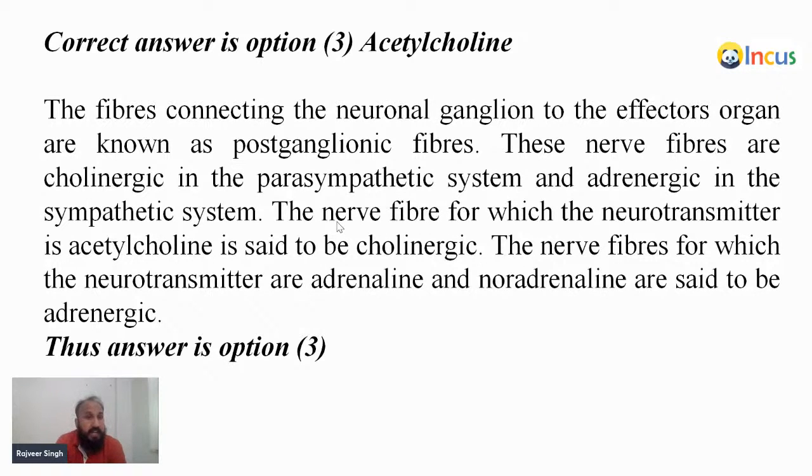These nerve fibers are cholinergic in the parasympathetic system and adrenergic in the sympathetic system. Nerve fibers for which the neurotransmitter is acetylcholine are said to be cholinergic. Nerve fibers for which the neurotransmitters are adrenaline and noradrenaline are said to be adrenergic. I hope you understand why we chose acetylcholine.